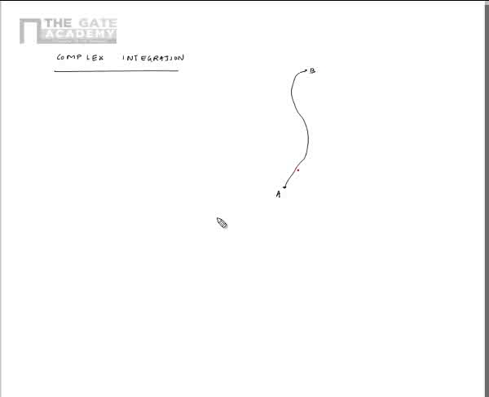Now I'm dividing this curve into n small points. This is written as z0, this is P1 with z1, and the last point is called Pn with zn.